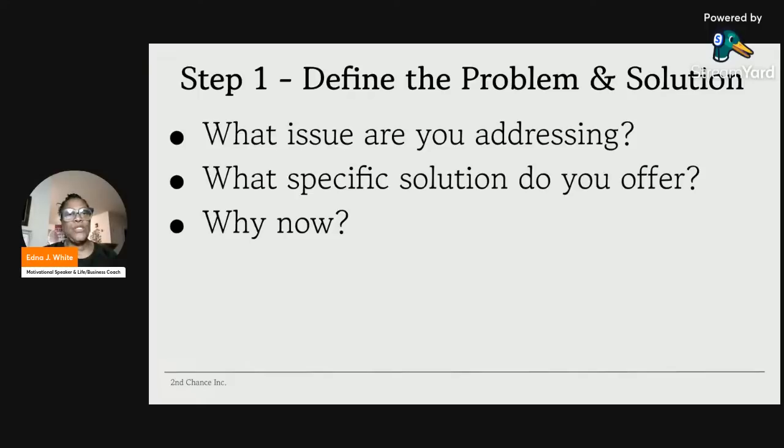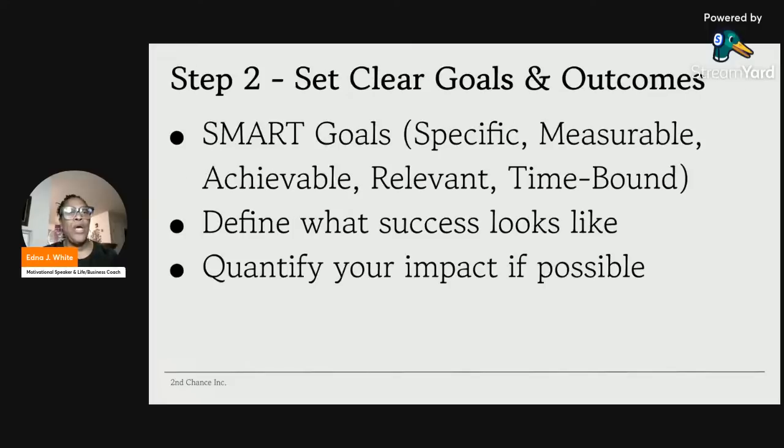All right, so that was step one. Now we are at step two. Set clear outcomes. Set the clear goal and the outcome. What will you change as a result of this project? Funders want to see measurable results, so use your SMART goals.